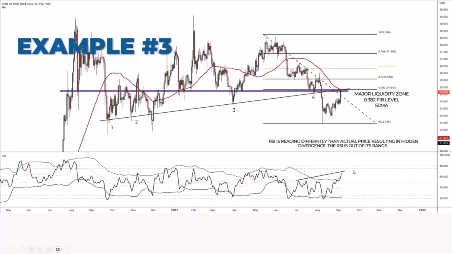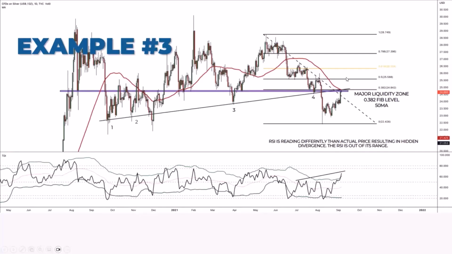Now here's the Fibonacci tool that we use. We stretch it from low to high in the trend to measure the retracement. This retracement came back to 38.2 on this level. That's just a price reversal zone.